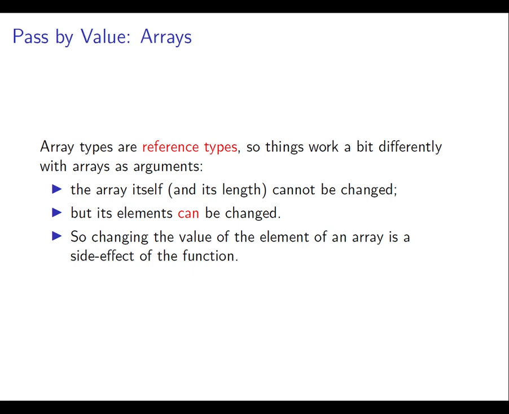And so the effect of this is that if you pass arrays into functions, you can get side effects. So you can find that the calling code can be affected by the fact that some of the elements of an array have been changed, and not just by what the calling code chooses to do with any result value from the function.